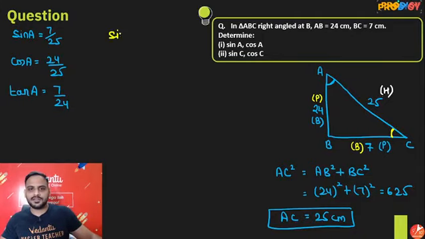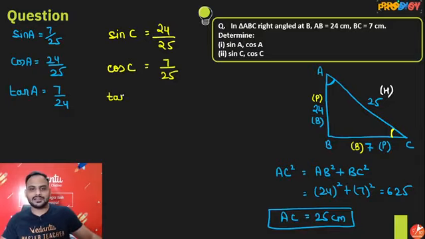So now I can say my sin C is equal to perpendicular upon hypotenuse, which is 25. In the same way, cos C will be equal to base upon hypotenuse, and tan C will be equal to perpendicular upon base.